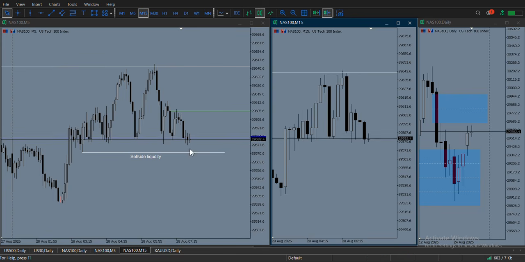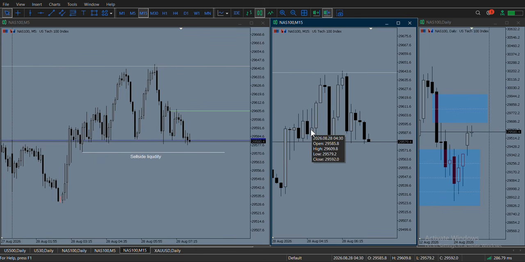And that's why I haven't traded this sell side, and we can expect price to start trading into that low. So to be specific, this low is 29,571.5, and I think that low is this low. Yeah, 571.5.